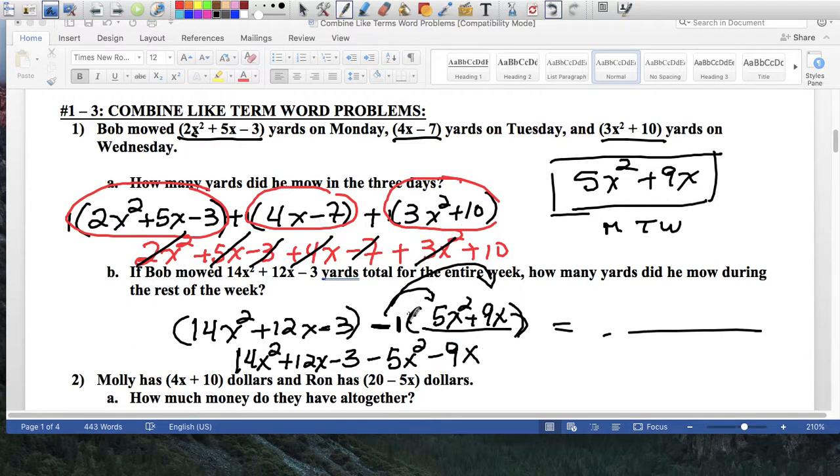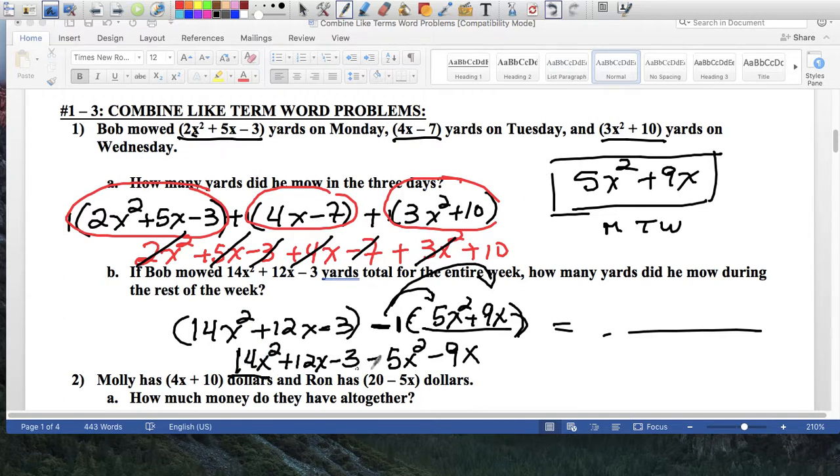Now, if you didn't put the parentheses there and you just put a minus sign there, the only thing the subtraction sign would be affecting would be the first term, 5x squared, and it would not affect the second term, the 9x. That 9x would have continued positive, which would have led you to the wrong answer. So now we can combine like terms.